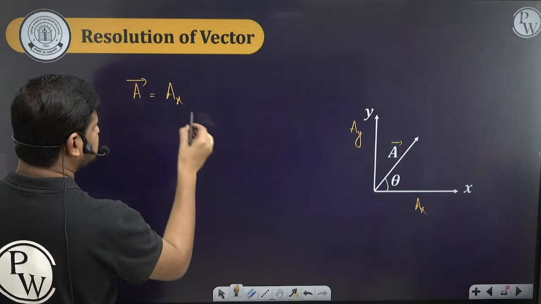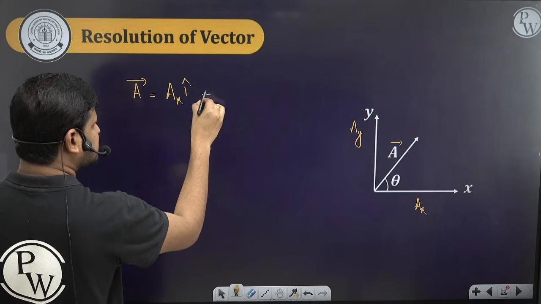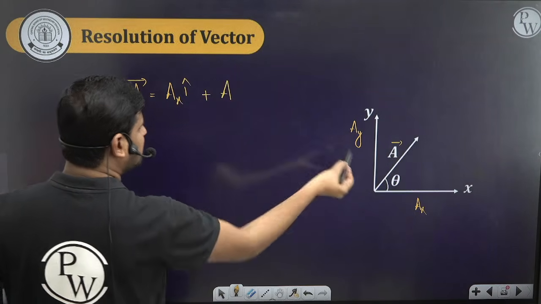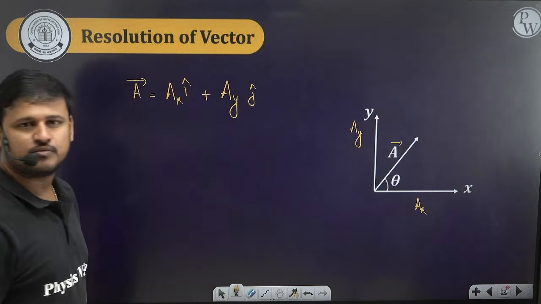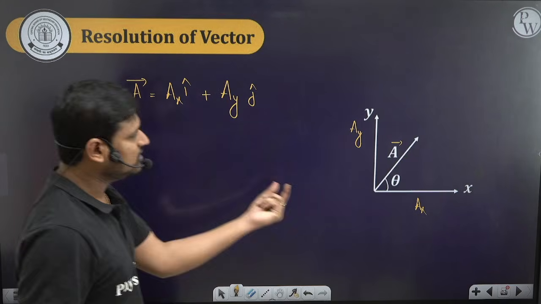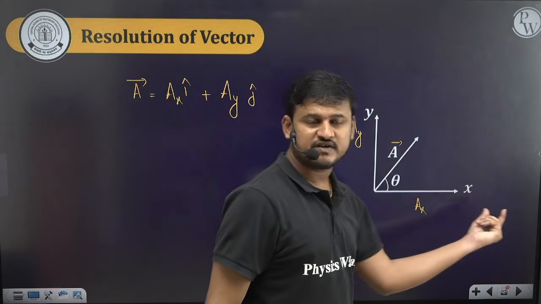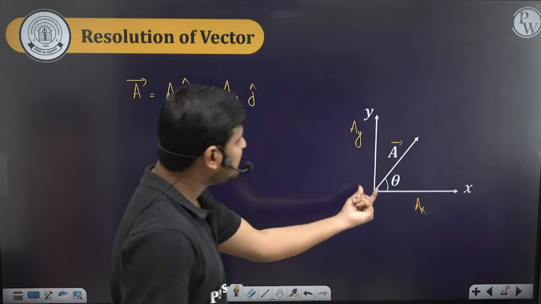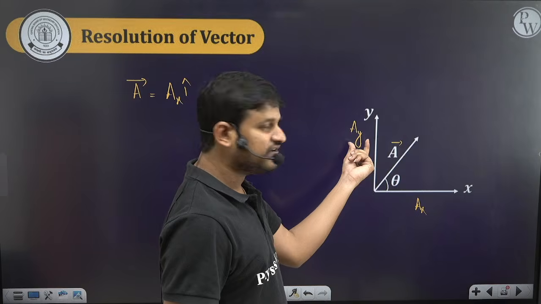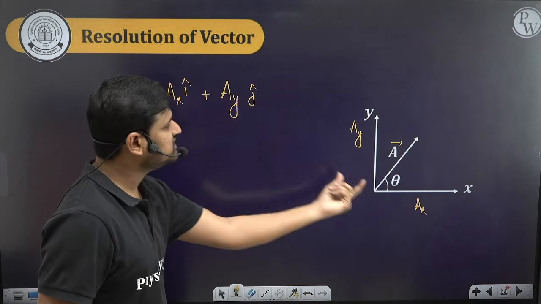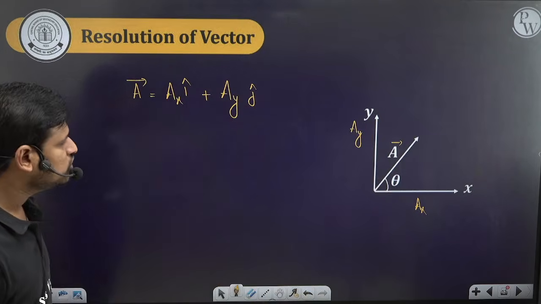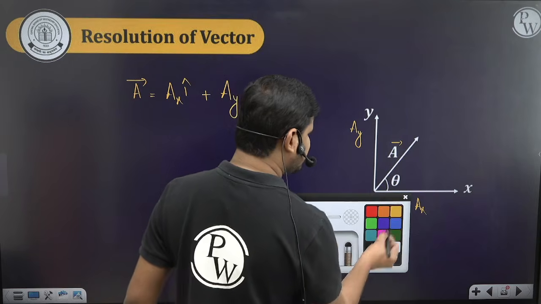As it is in the xy plane, it has AX, and AY is its y component. The x direction's unit vector is i cap, and AY is the magnitude of vector A in the y direction, and the direction is j cap.